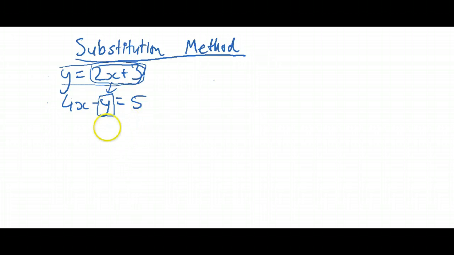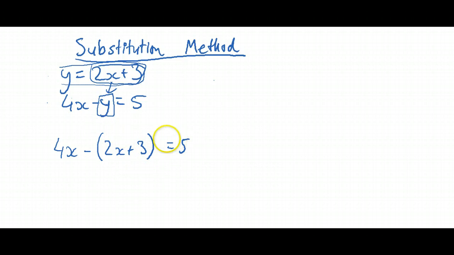That's what we're going to do. Substitution. Alright, so let's do that. Let's rewrite this equation, but instead of writing y, we're going to write this, because that's what y is. So we're going to write 4x minus, now y is 2x plus 3, I'll put it in brackets, and all of that equals 5.